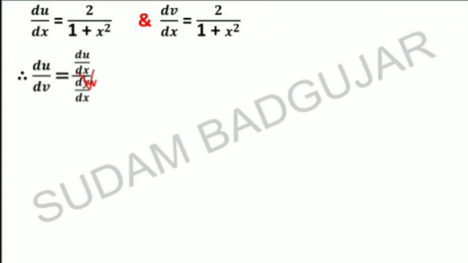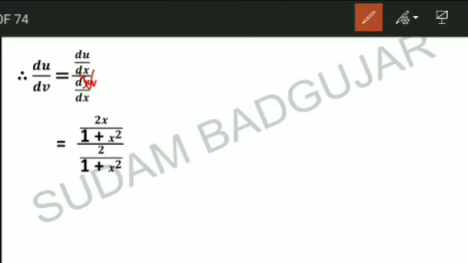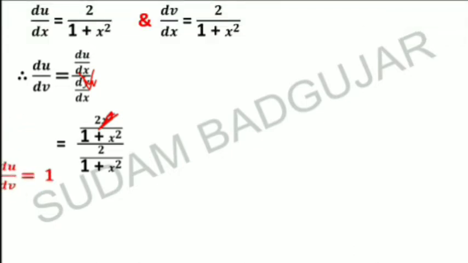Substitute both the values, 2 upon 1 plus x square divided by 2 upon 1 plus x square. Not 2x here, that was a copy paste error; it is only 2 upon this one. Now everything gets cancelled, then its value is 1. After cancelling 2 and 1 plus x square, it becomes 1, which means du by dv is equal to 1.